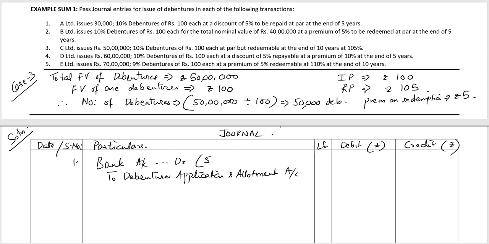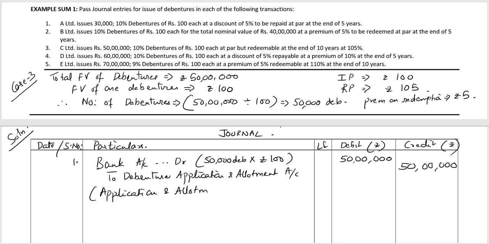Amount received: 50,000 debentures multiplied by the issue price of rupees 100 per debenture comes up to 50 lakh rupees. For application and allotment money received.